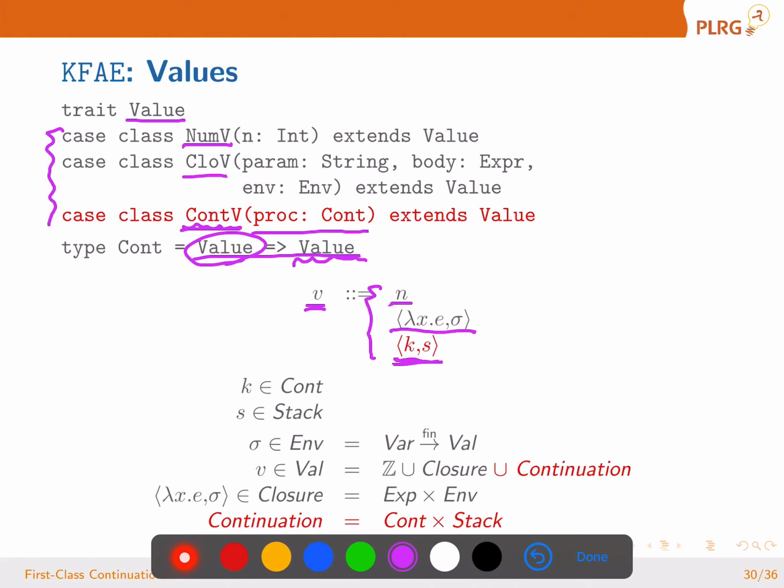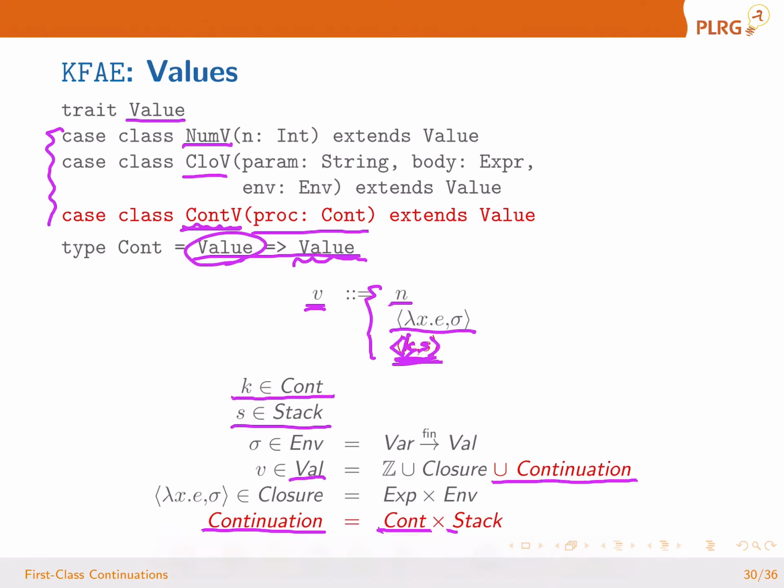And this continuation is now a pair of cont k and stack s. So the cont k is k that we discussed before. Stack s is s that we discussed before. So value is now extended with continuation, which is a pair of cont k and stack s.